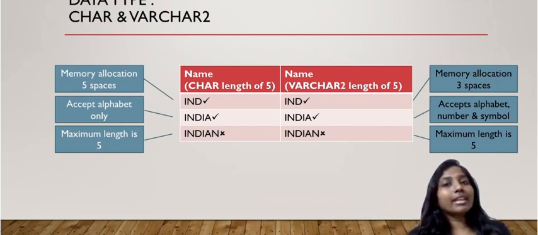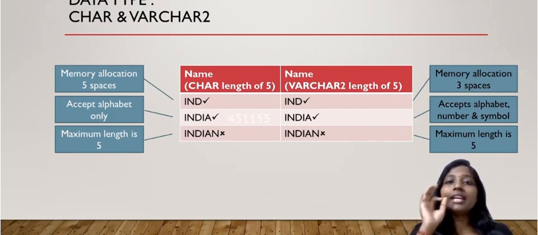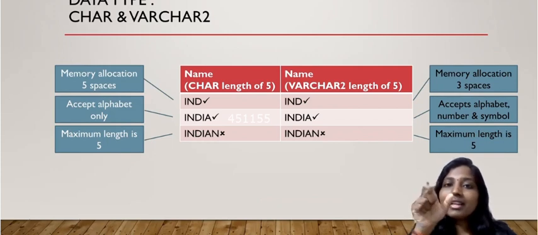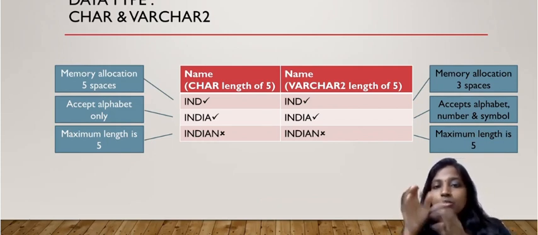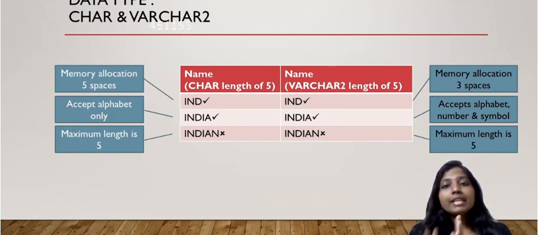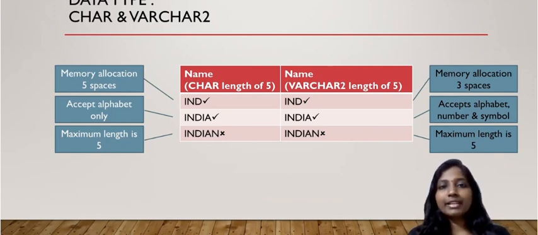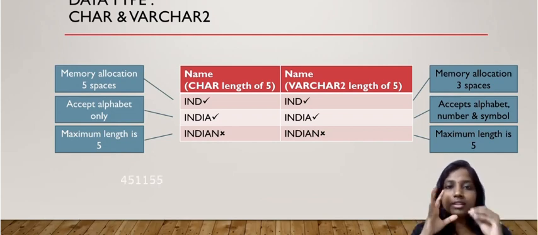What happens in varchar 2 is, it will allocate only 3 spaces, because it will adjust according to the data. So varchar 2 is variable character. Character is fixed length. Whatever the maximum length you have defined, it will allocate it, even if the data is less.